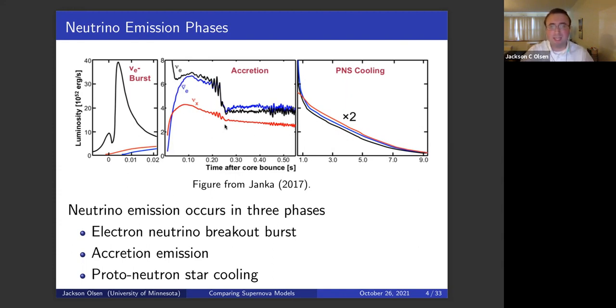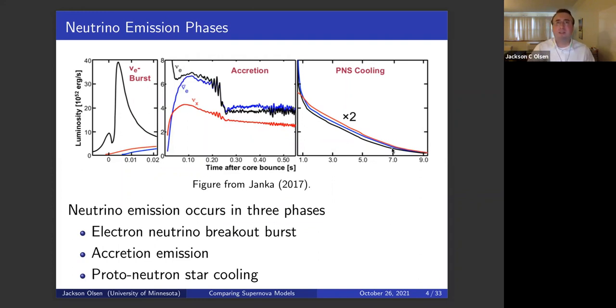And so this phase lasts on the order of hundreds of milliseconds and is followed by a longer cooling phase in which the protoneutron star cools via neutrino emission. And this phase lasts on the order of 10 seconds and is characterized by emission of all 6 neutrino species roughly equally.